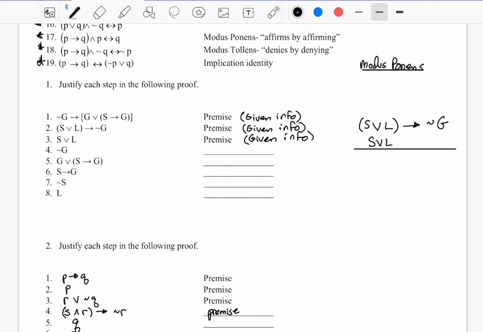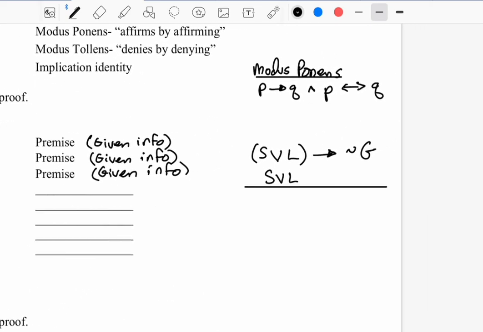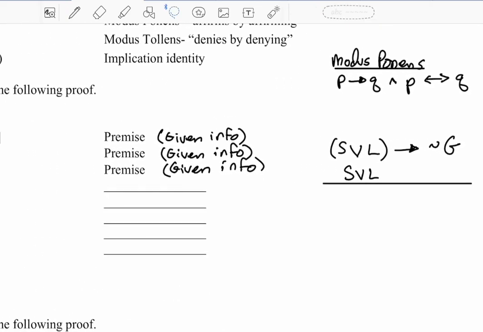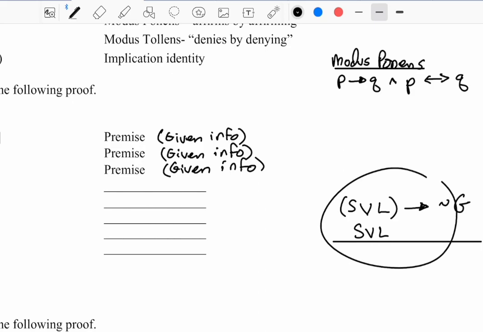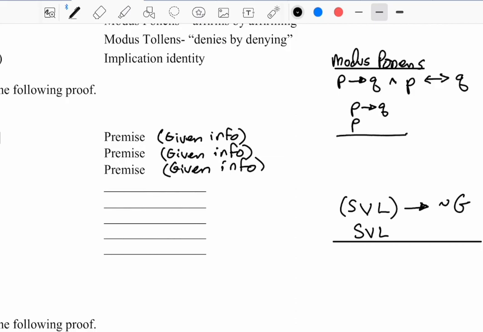But I'll show you the ingredients that make it up. What this is saying is P implies Q and P is logically equivalent to Q. Written another way, I could write this as P implies Q, and P. It's a little shorthand way.